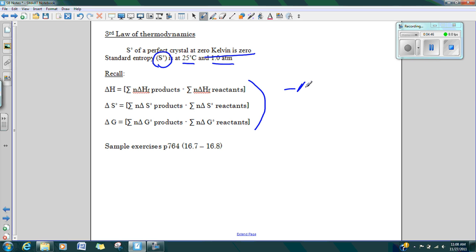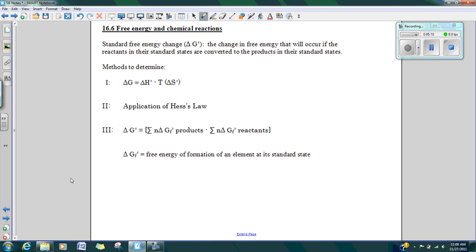Remember, it's going to be spontaneous if the enthalpy change is negative, the entropy change is positive, and the Gibbs free energy is negative. If you can't analyze the equation to figure these things out, you can do it by values. So we're going to be making some predictions, and then you can actually calculate them. This is a lot of repetitive stuff in this chapter.